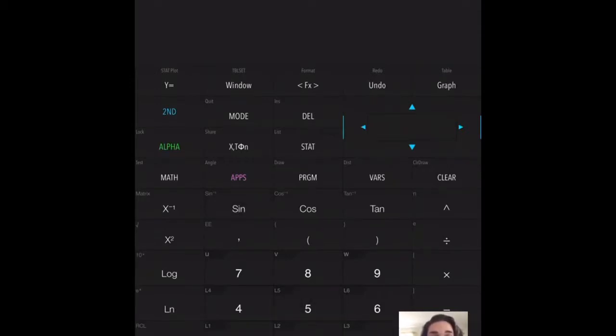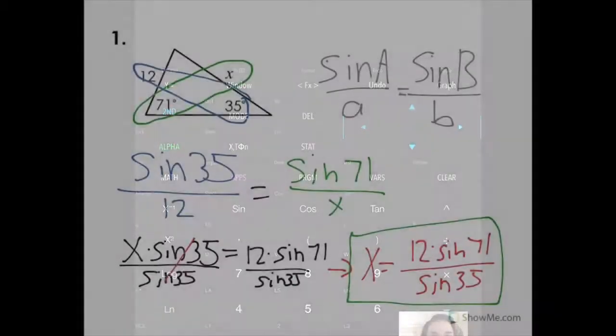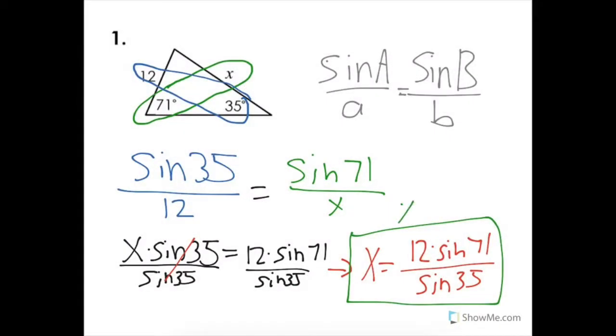Enter. So about 19.8. X is equal to about 19.8. If you don't get that in your calculator, then you might not be in the right degree mode, or you might have missed the parenthesis that's really important after that top angle. So keep those 2 things in mind.